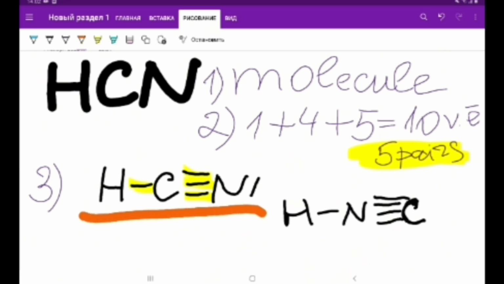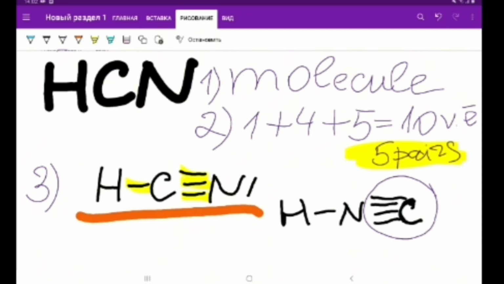Let's have a look. How many overall pairs do we have? 1, 2, 3, 4, 5. Okay, number of pairs is followed. Let's consider the octet rule. Around carbon, octet rule is followed. Nice. Around nitrogen, we have 5 pairs, so 10 electrons.